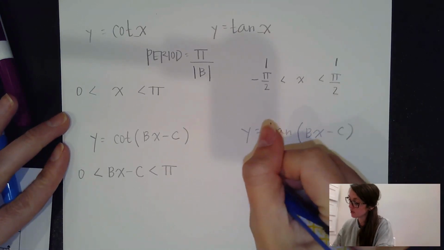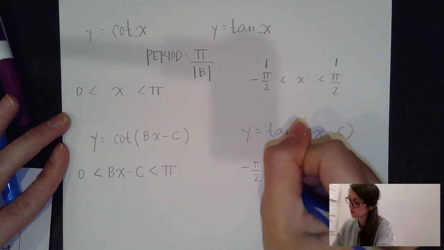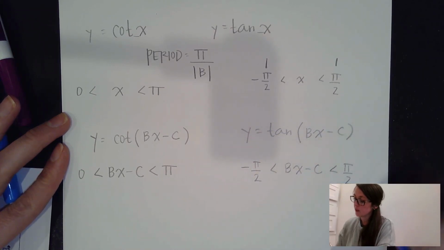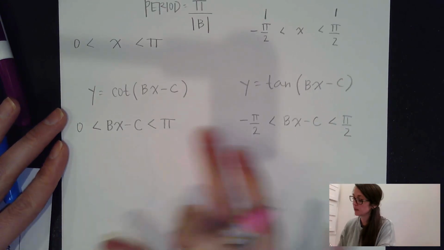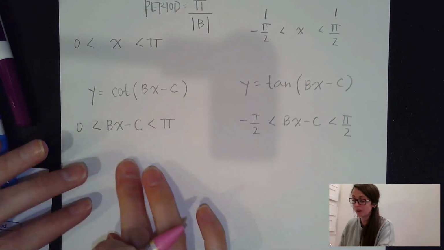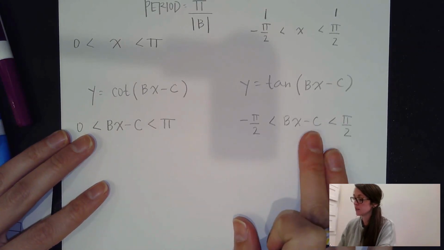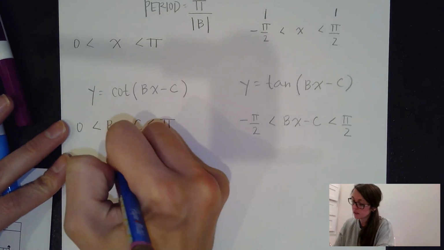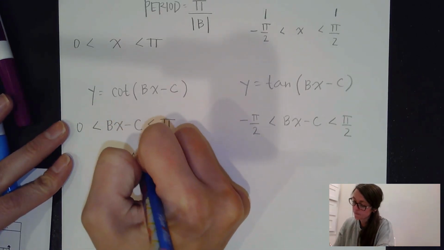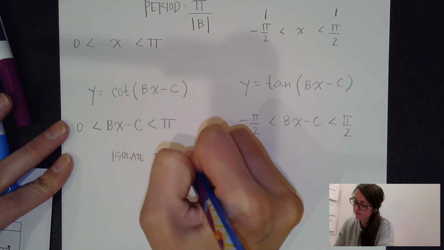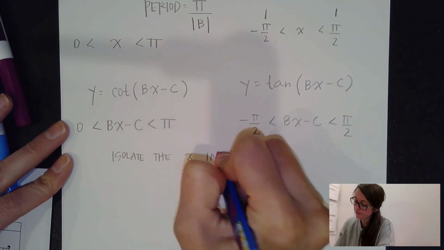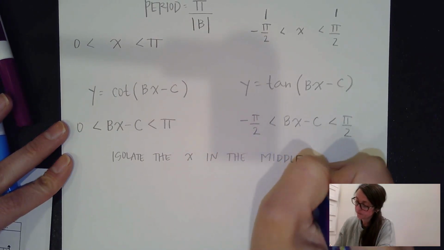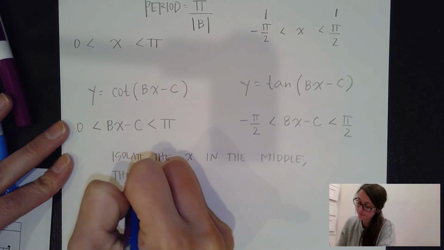If it's a tangent, then you would set it in between negative pi over 2 and pi over 2. You would then isolate the x in between here, just like an inequality. So then it creates new asymptotes.